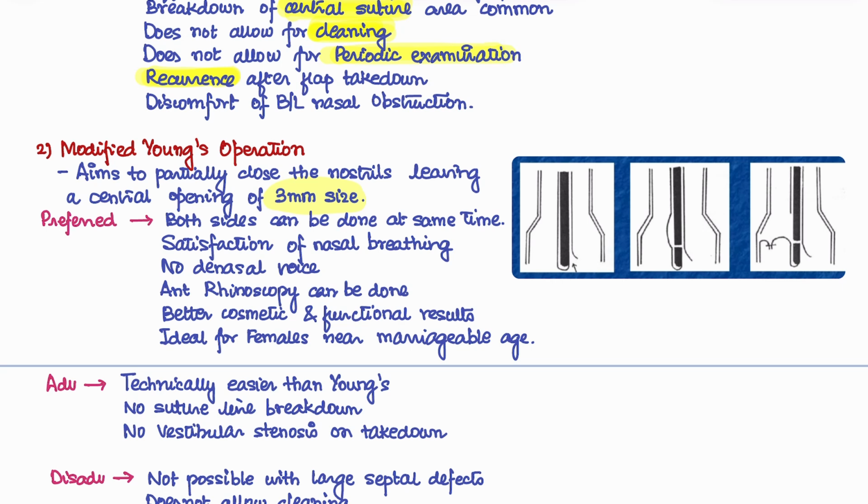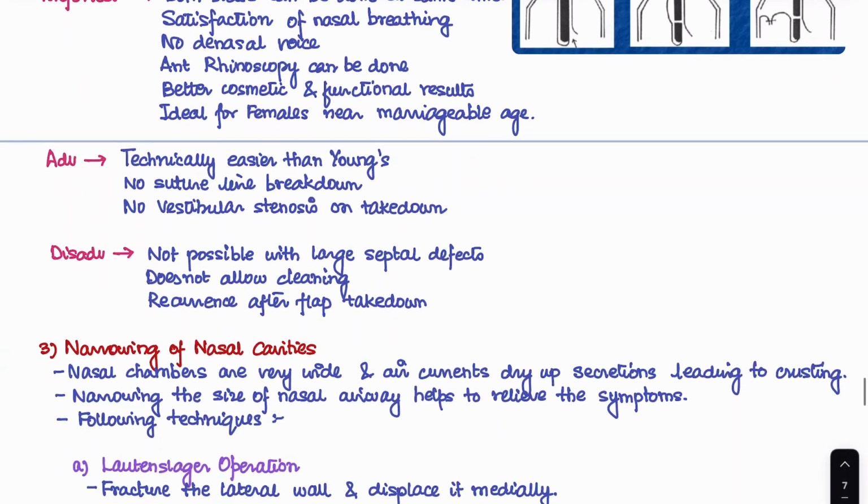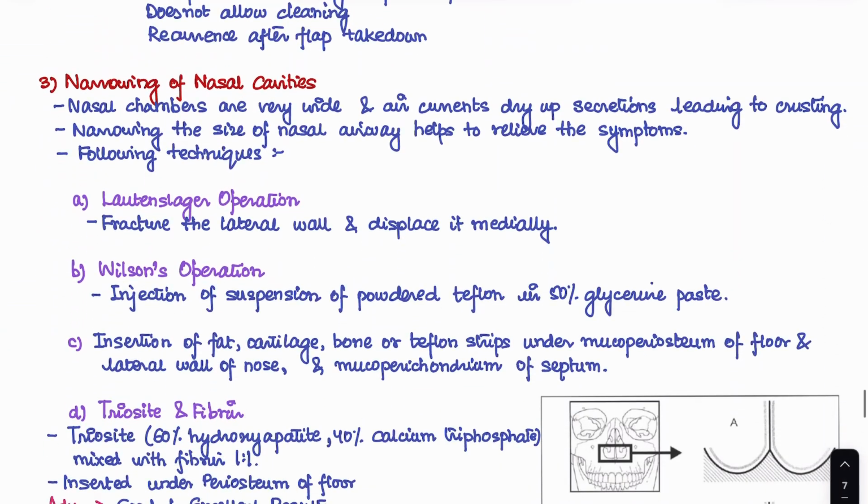And you can even do periodic examination to check the status of the patient. And this is also obviously cosmetically more acceptable. However, this also has its own chances of recurrence, and it does not allow you to clean because of the small gap over there.